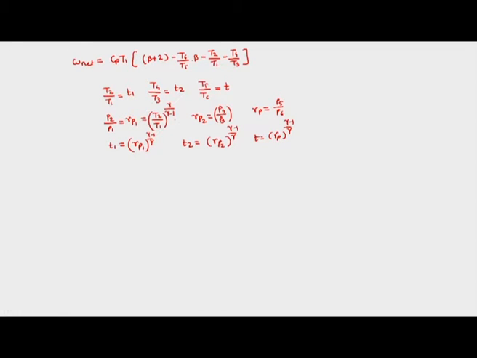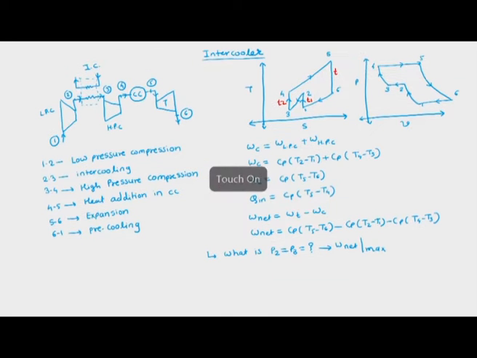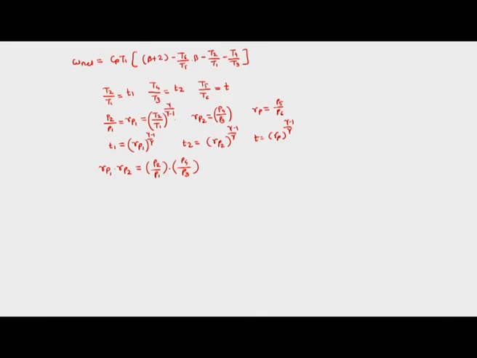Okay, so again we can see what is Rp1 into Rp2. Rp1 is P2 by P1, and Rp2 is P4 by P3. But we can see clearly that P2 is equal to P3, since the process of intercooling is isobaric.